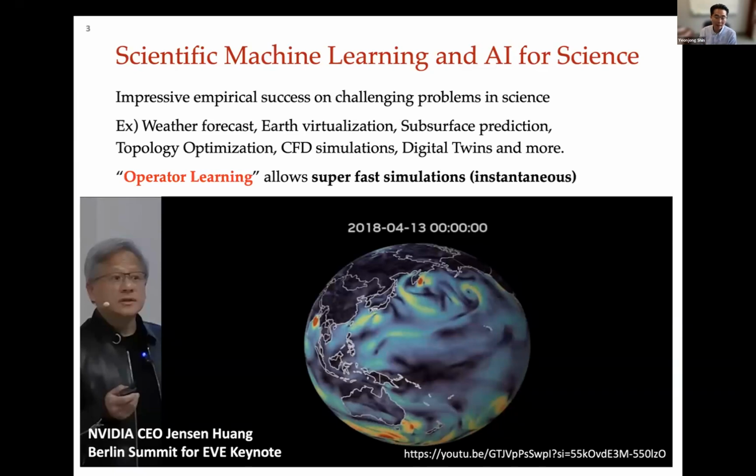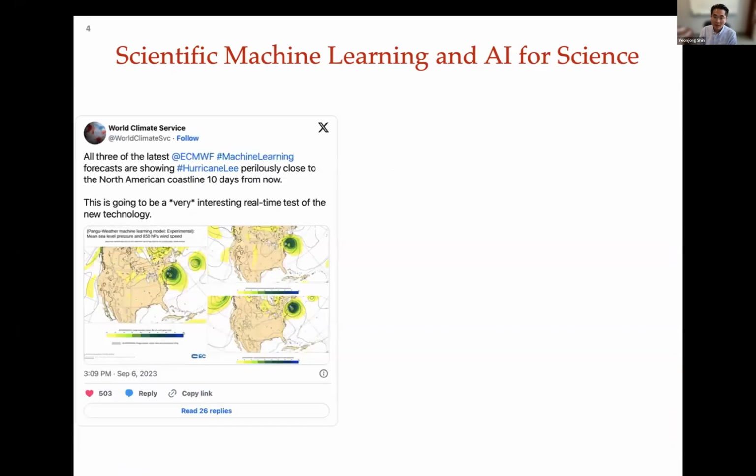And the operator learning framework allows us to do super fast simulation or inference almost instantaneously. And there are representative models out there, especially for weather forecasting. This is one post I found recently.